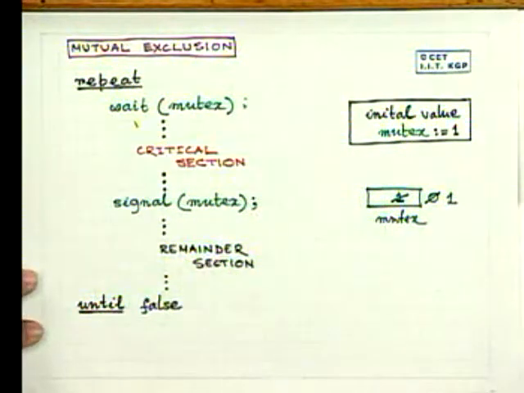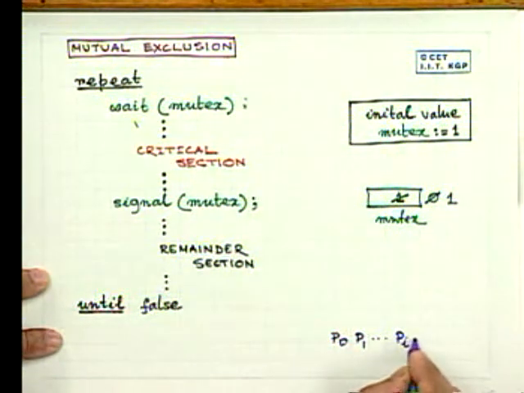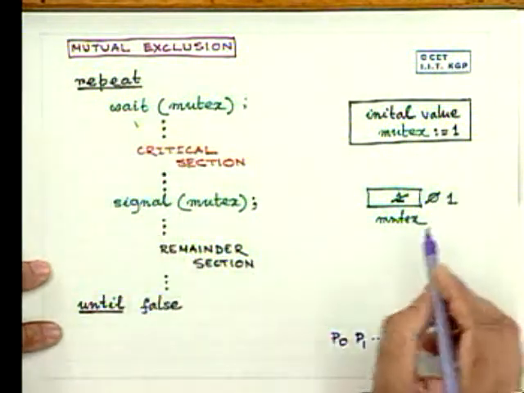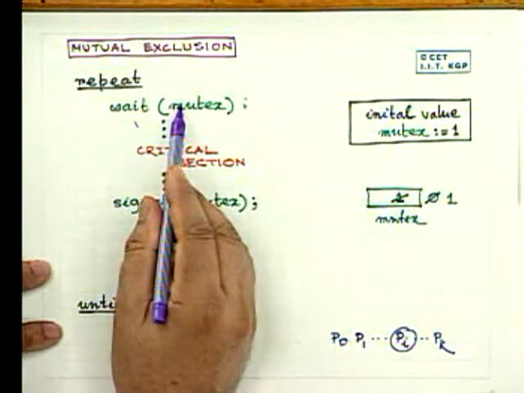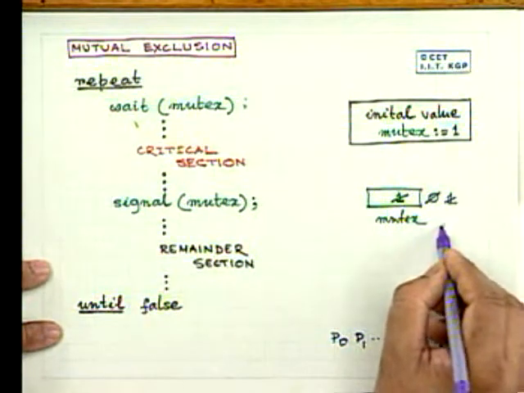Now assume once more that there are k processes, say P0, P1, Pi, up to Pk. Say that Pi, on finding mutex to be 1, decremented it and entered the critical section. It is now 0.